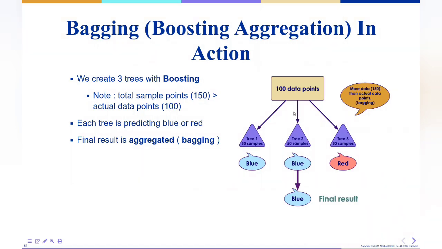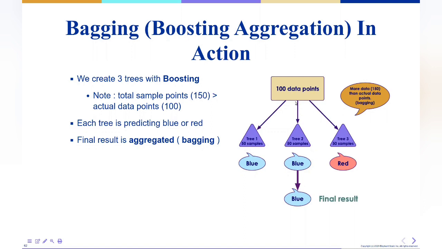You might say, wait a second, I only have 100 points. How are you distributing 50 each to 3 trees? That totals 150. It's basically bootstrapping. Remember bootstrapping? Imagine I have 100 data points and I randomly pick 50 points. I don't take those 50 points out of the data, because they're still there.